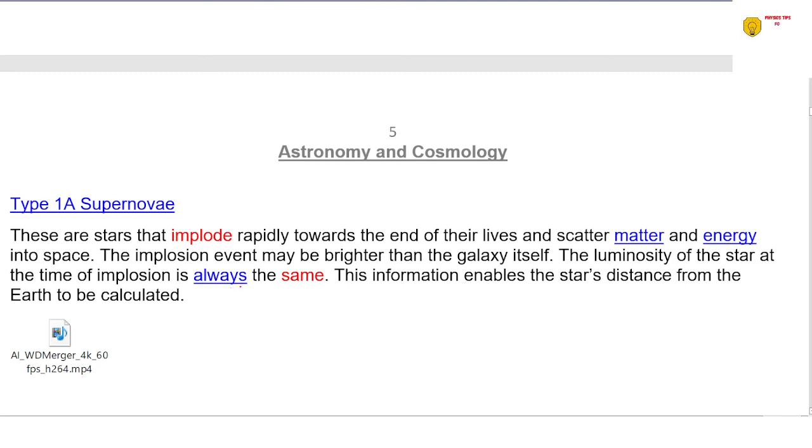So type 1a supernovae tend to have the same luminosity, so that's why they're called standard candles. This information enables the star's distance from the Earth to be calculated as well. Right, so I'm going to show a video of a type 1a supernovae.